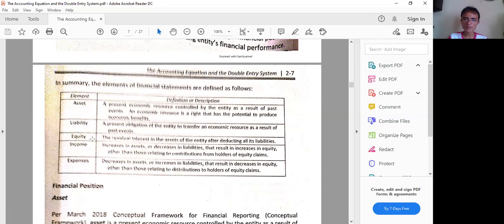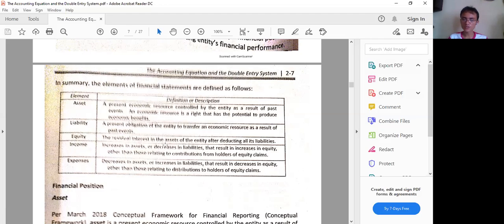Then income actually refers to the increases in assets or the decreases in liabilities. So basically, I can define this as the gross inflows of economic benefits. These economic benefits, by the way, can be in any form, quantitative in numbers or qualitative in words.